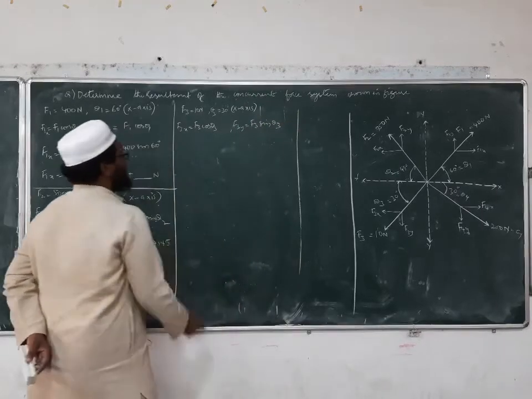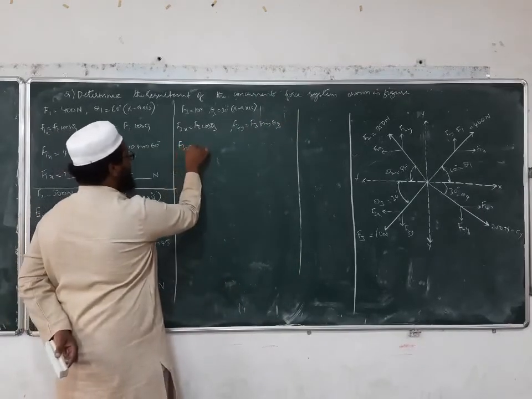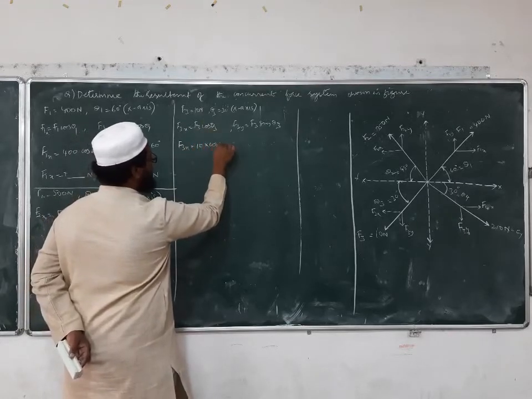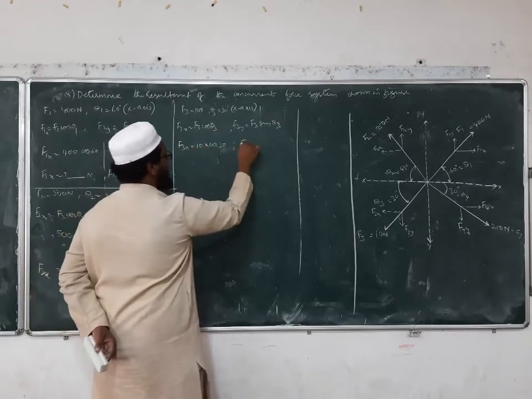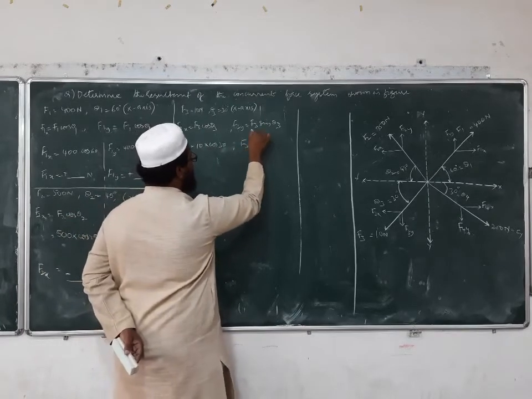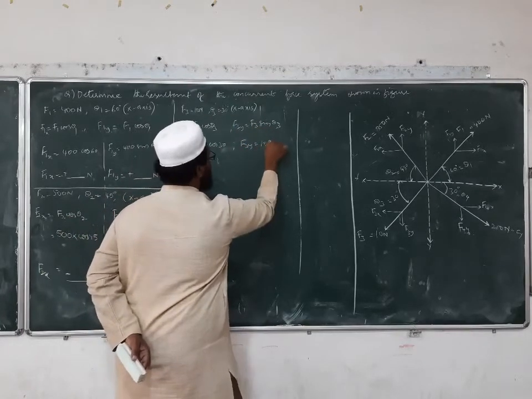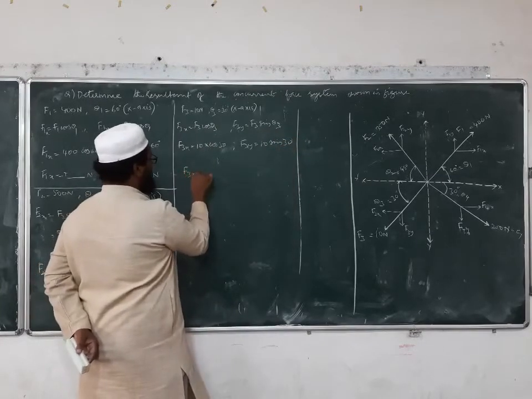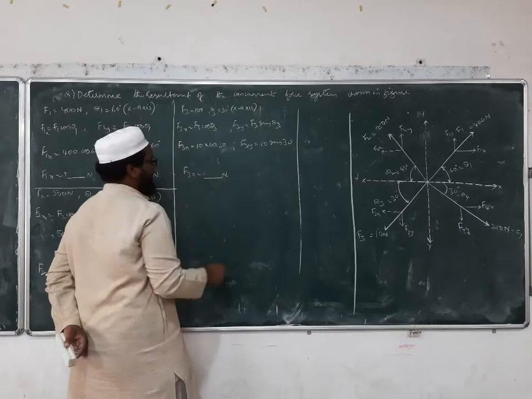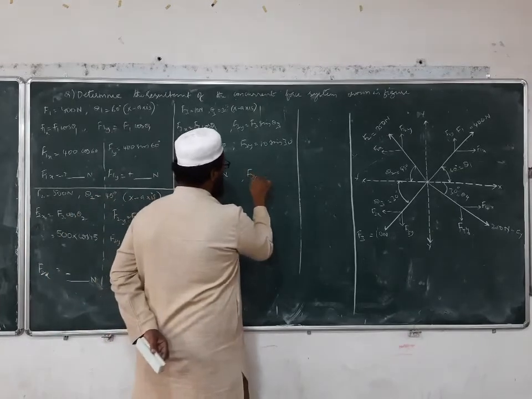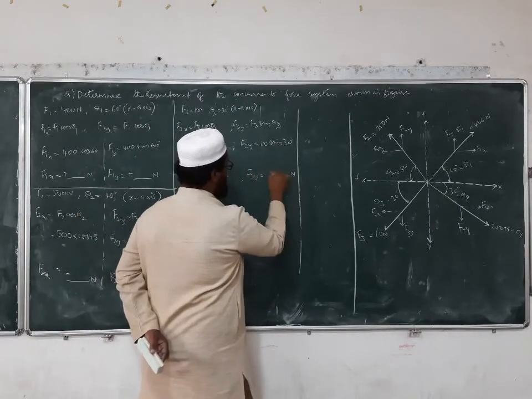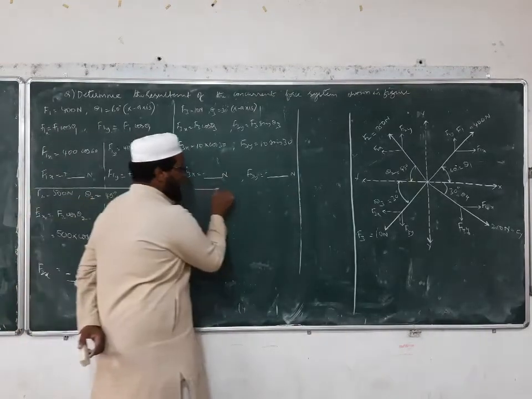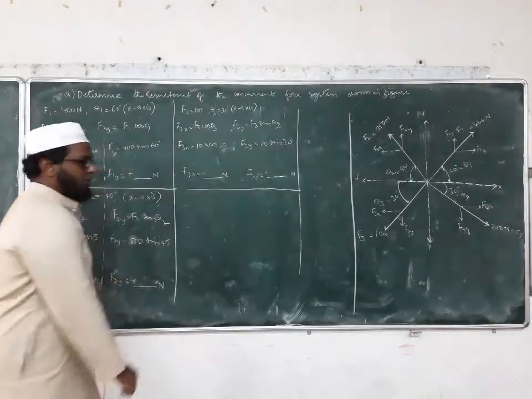Alright, so F3 is how much? 10 into cos 30. Similarly, F3y is equal to 10 into sin 30. So F3x you will get some value in negative sign. Similarly, F3y you will get some value in negative sign. Okay, this is how we calculate our x and y components for the third force.